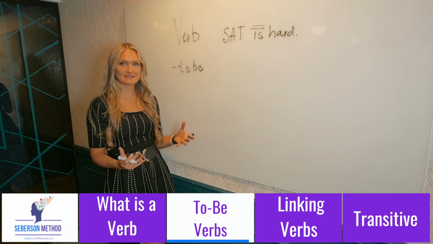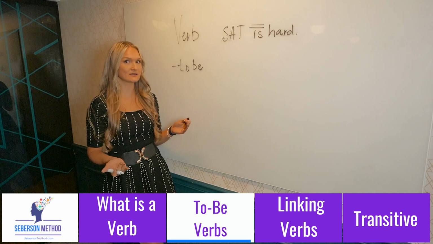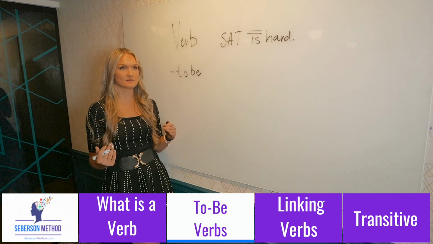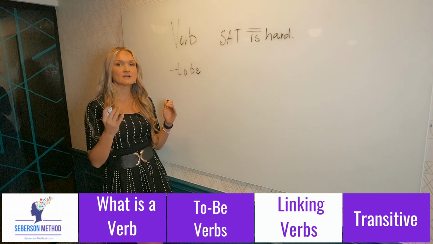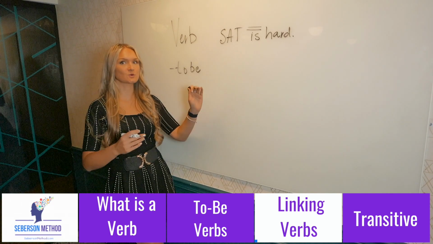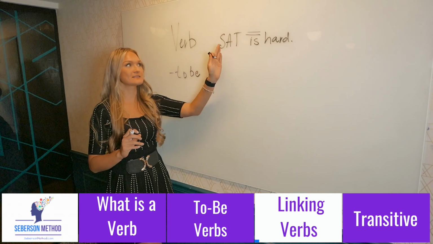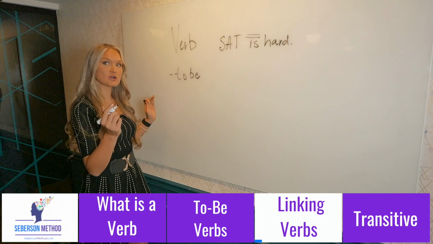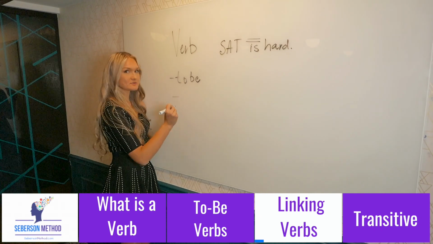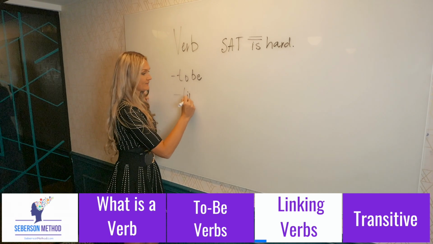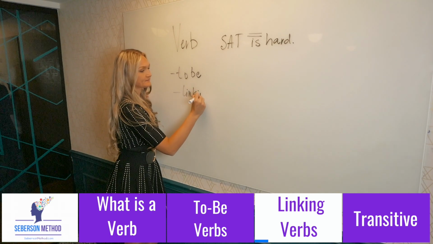So what I suggest to avoid using a lot of the to-be verbs is to use so-called linking verbs. Linking verbs do the exact same thing as a to-be verb. They put an equal sign, or they link the subject with the complement. So let me show you the linking verbs, which will be the second type of verb, linking.